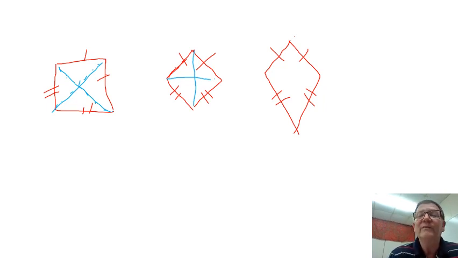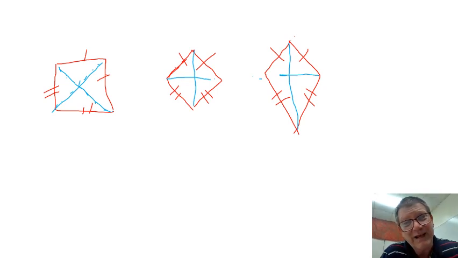And my kite, if I do the same thing, I end up with that X and four right angles. So that's something very unique to a kite, a square, and a rhombus. That means a square could be classified as a kite, but not all kites are squares. And a rhombus can be classified as a kite, but not all kites are rhombuses.